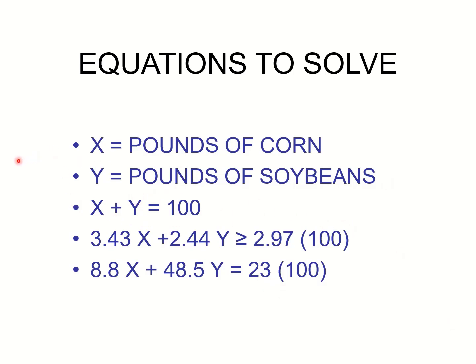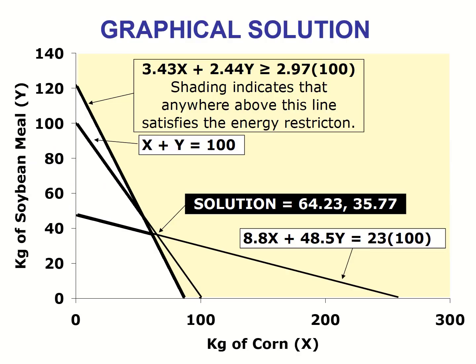Here we make the x-axis and y-axis. On the y-axis we put the kilograms of soybean meal, and here we put the kilograms of corn.